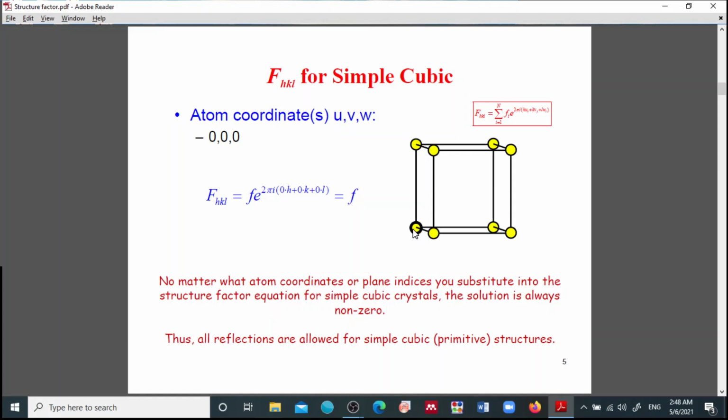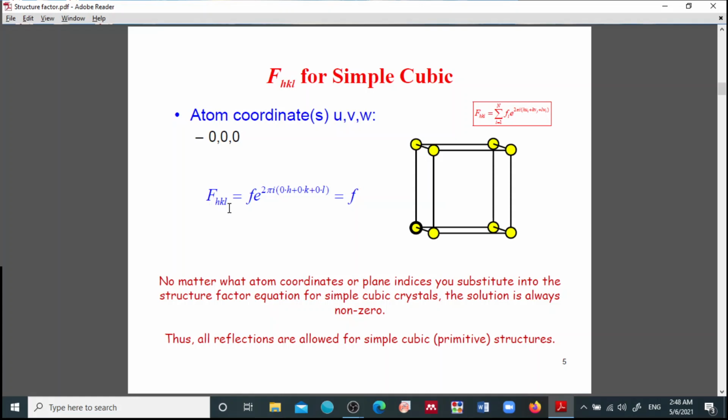And remember, we can use any other point as your origin, but the simplest case to consider is to take 1 point on the origin, so that we will get positions of 0, 0, 0 for u, v and w.